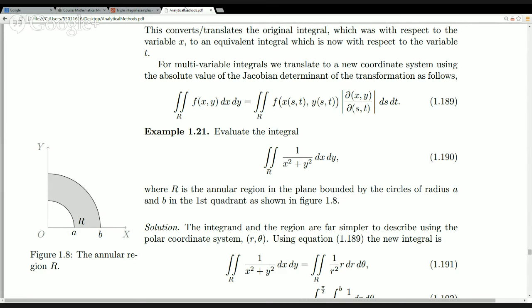So we're going to consider this region R, which is a subset of three-dimensional space. And it's going to be bounded by, now this is a paraboloid, R squared equals 9 minus z.